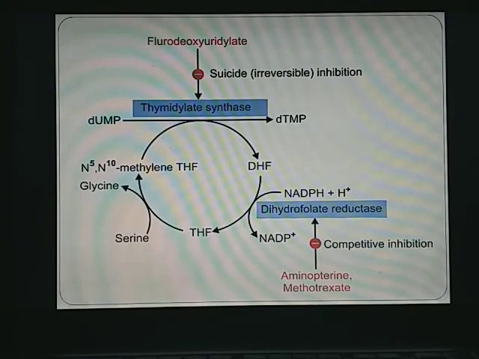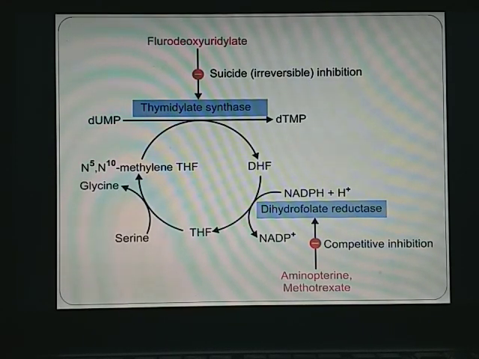So what is this competitive inhibition? Competitive inhibition is a type of reversible inhibition where the inhibitor binds to the enzyme at the active site in competition with the substrate. So here aminopterin and methotrexate compete to bind the active site of dihydrofolate reductase.